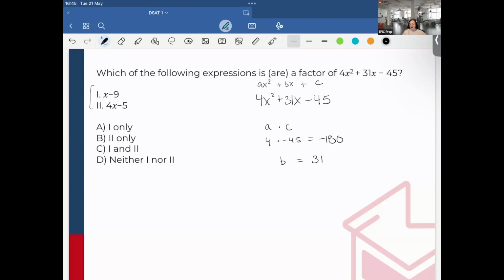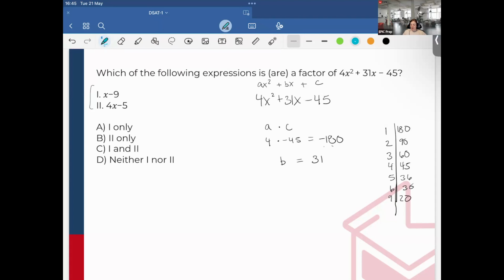So again, I can list all the factors of 180. So 1 times 180, 2 times 90, 3 times 60, 4 times 45, 5 times 36, 6 times 30, 9 times 20, and so on.